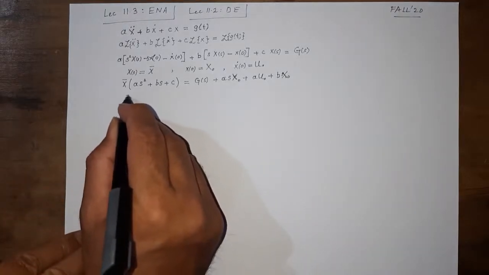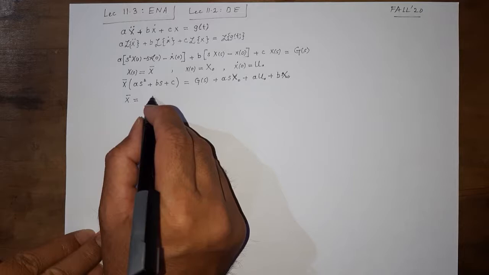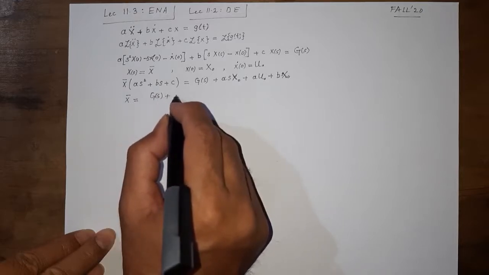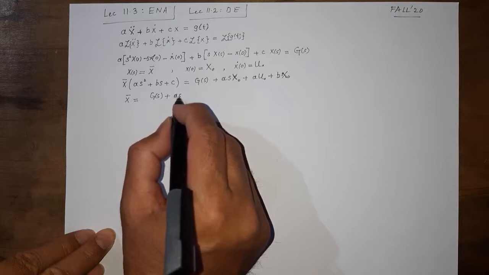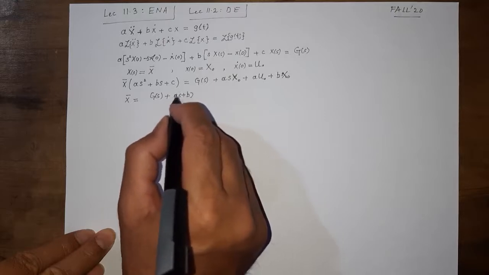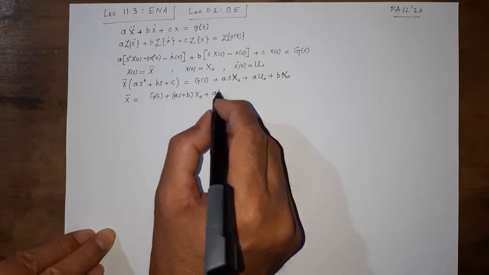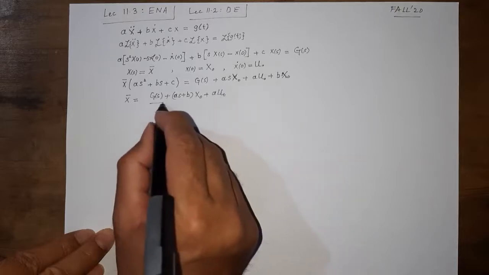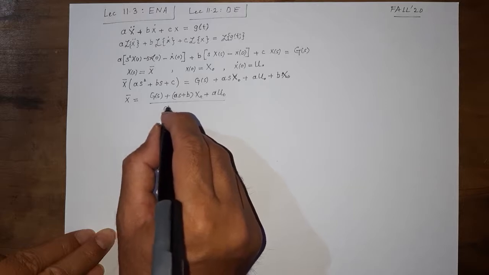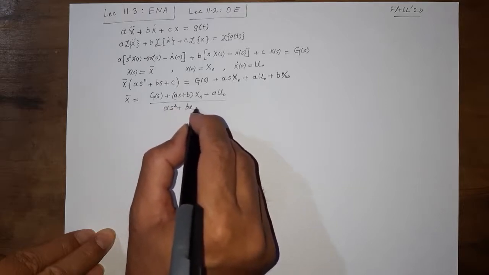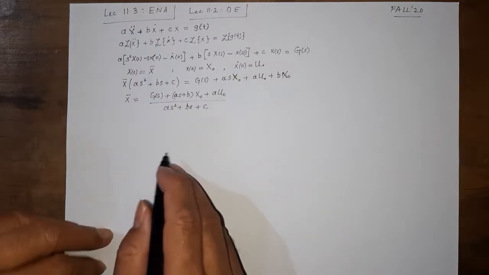So x of s is g of s plus (a s plus b) x naught plus a u naught divided by a s square plus b s plus c.